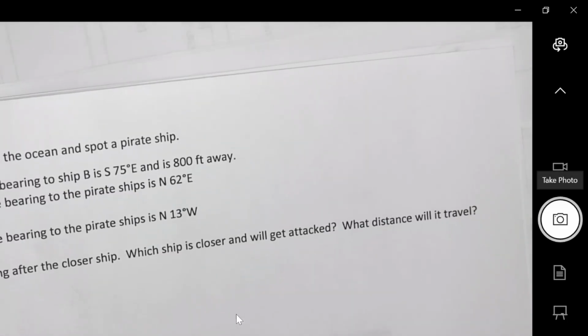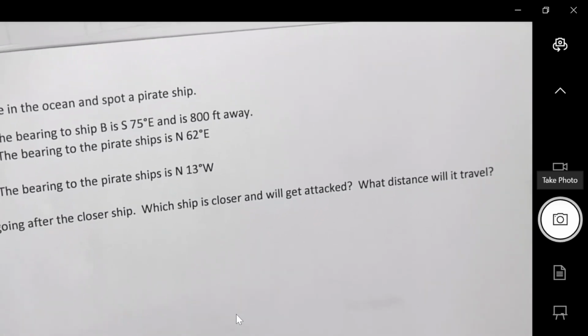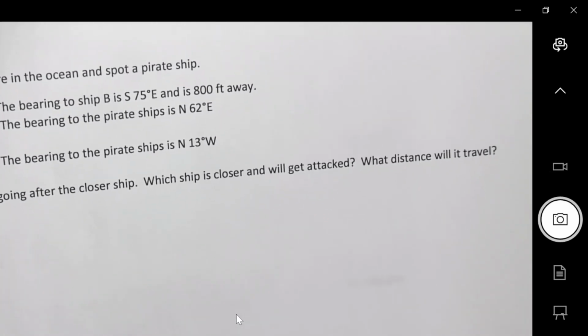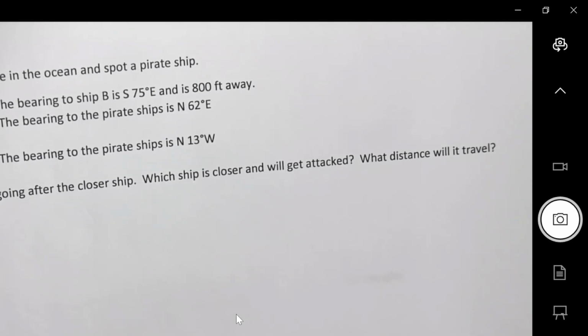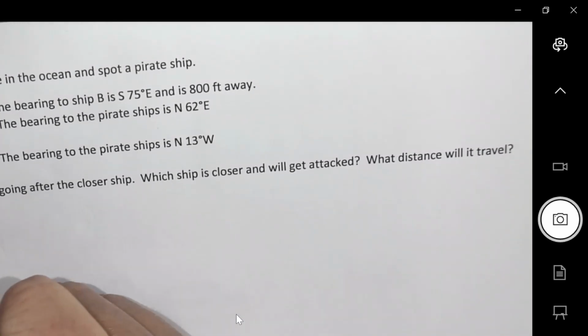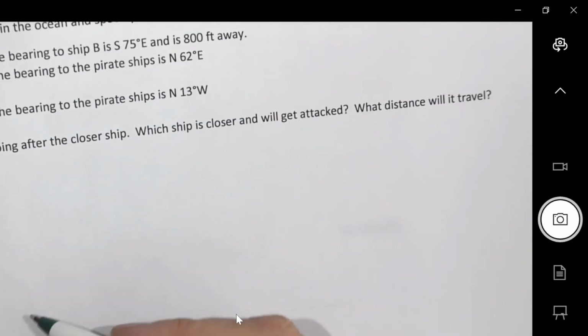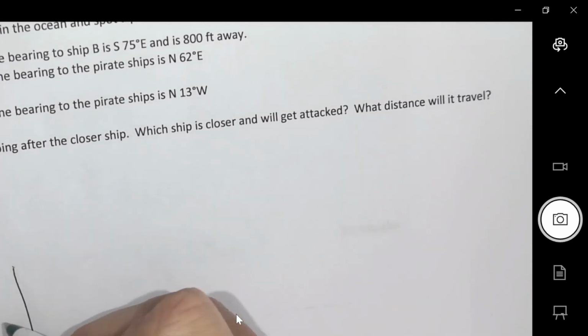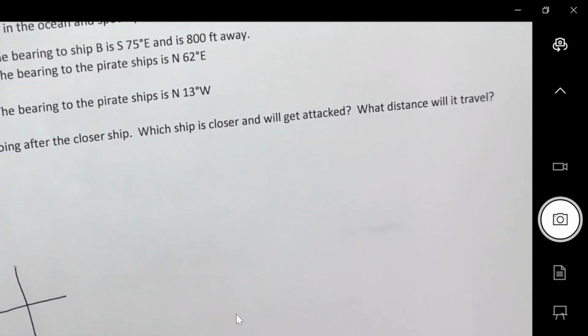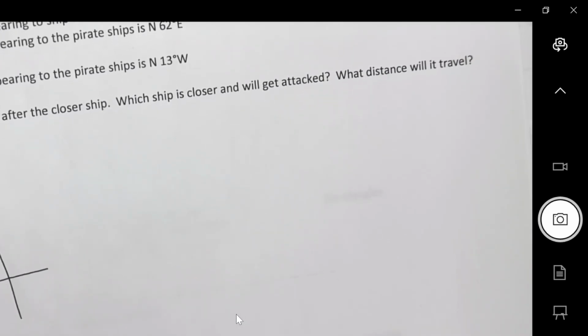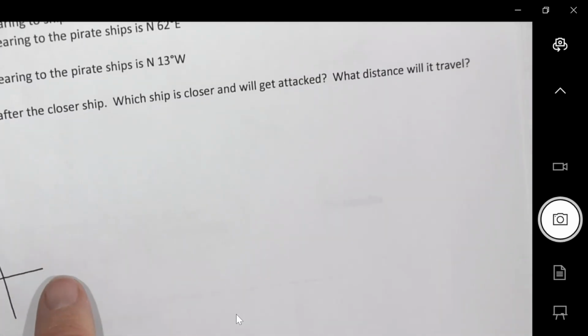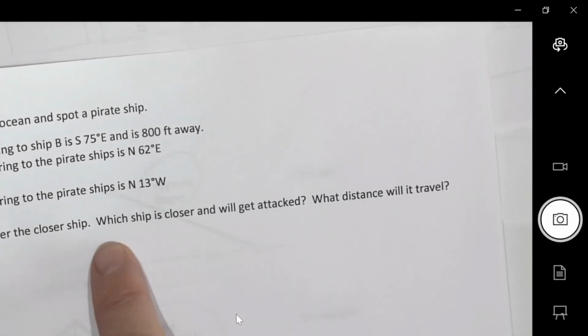Okay, 2 ships are in the ocean and spot a pirate ship. Ship A knows the bearing to B is southeasterly, and the pirate ship is northeasterly. So A has to be over here, because B is southeasterly and the pirate ship is northeasterly.